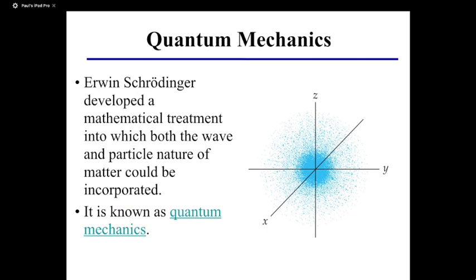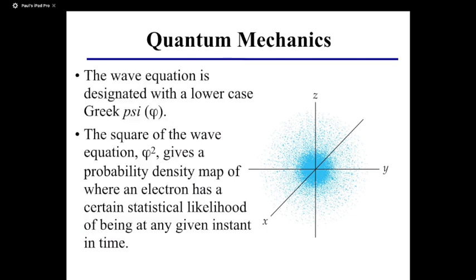Now, take a look at the picture. His math generated a probability of where the electrons could be. It is a probability map of where the electrons could be at every level that we look at.